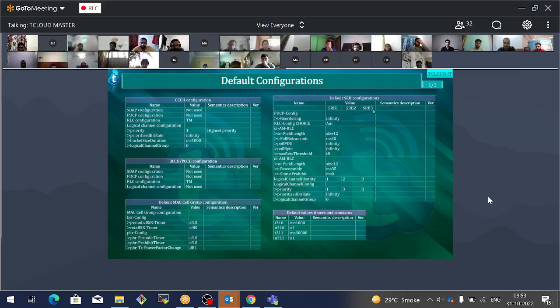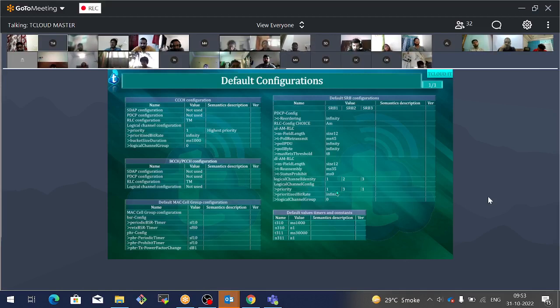One more important point is, if a mobile equipment is connected to only one cell, the mobile can have only two SRBs, SRB1 and SRB2. SRB3 is required in dual carrier cases, where the mobile equipment is connected to at least two cells. It is using something called a secondary cell as well, along with the primary cell, to increase the data rates. Now, this SRB3 typically is used for secondary cell communication.